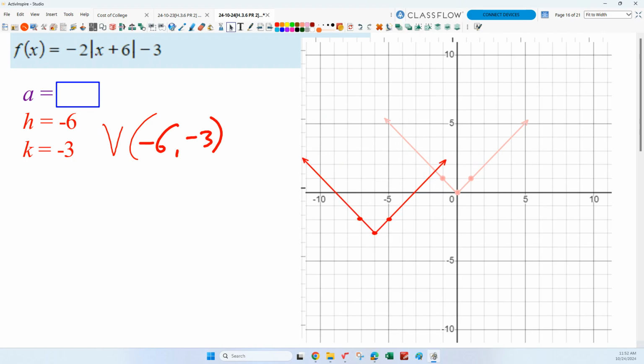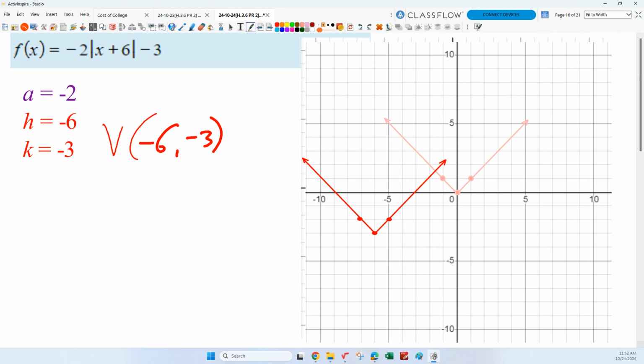Now what? Okay, so what's that going to do? Okay, and tell me how to get to another point. I'm going to go over 1 and up how far? Down 2. Okay, up negative 2. Yeah, up negative 2. Right? How come? Because a is negative 2, right?